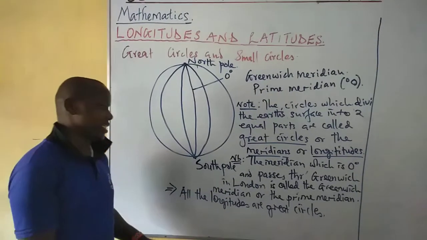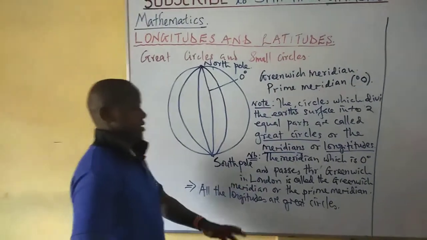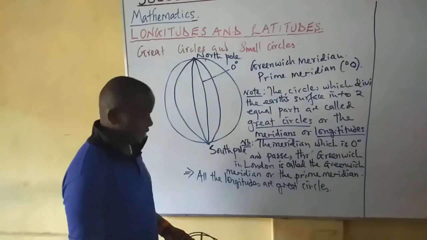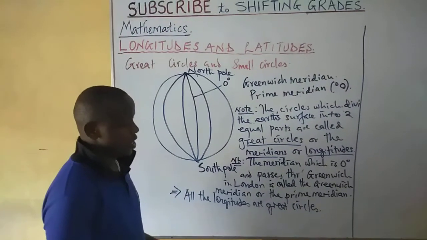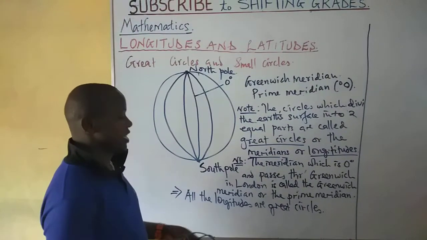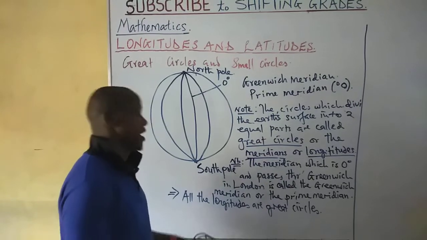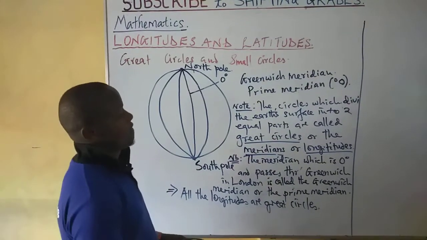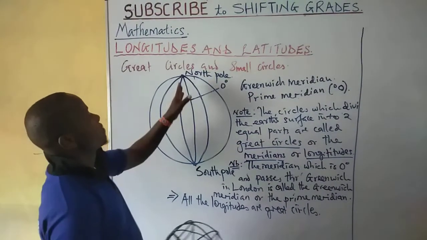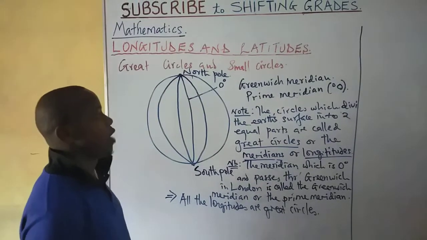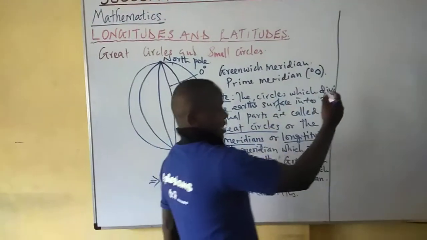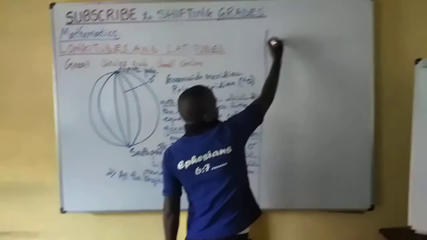And therefore, such circles which cut the Earth's surface into two equal portions, we are calling great circles, or the meridians, or the longitudes. Then we have the 0 meridian now. It is good to master that.